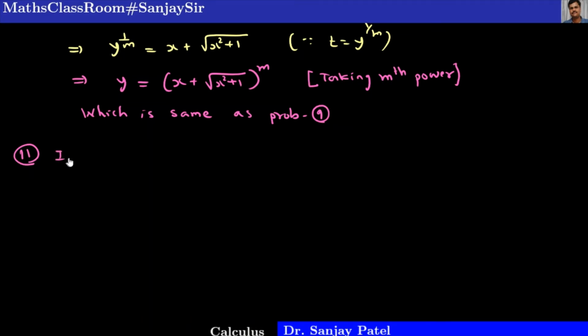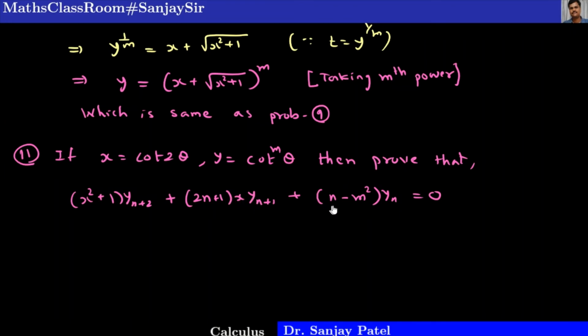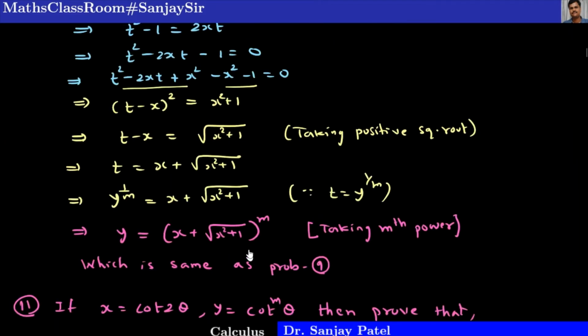If x is equal to cot 2 theta and y is equal to cot raised to m theta, then prove that x square plus 1 into y_{n+2} plus 2n plus 1 times x into y_{n+1} plus n square minus m square into y is equal to 0.